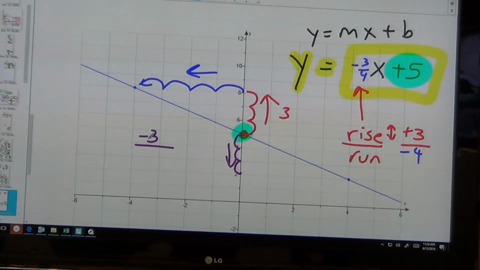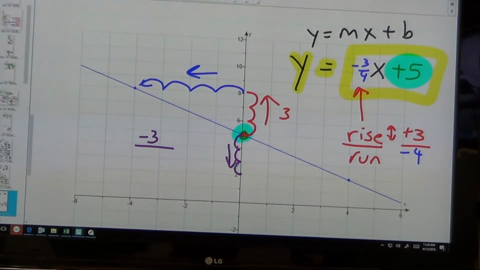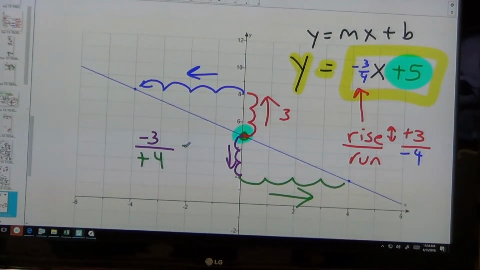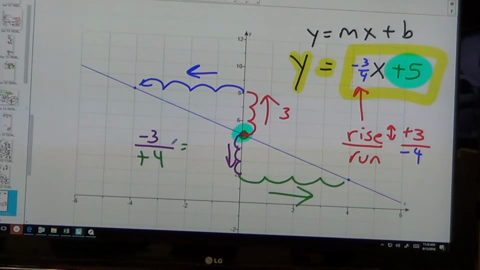Negative 3, because we're going down, so that's a negative. If I go 1, 2, 3, 4 that way, that's a positive 4, which is still going to give me what kind of slope? A negative 3/4. You with me?